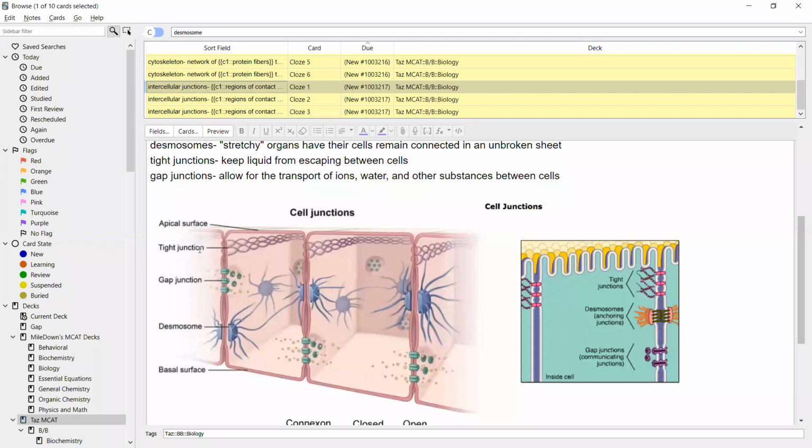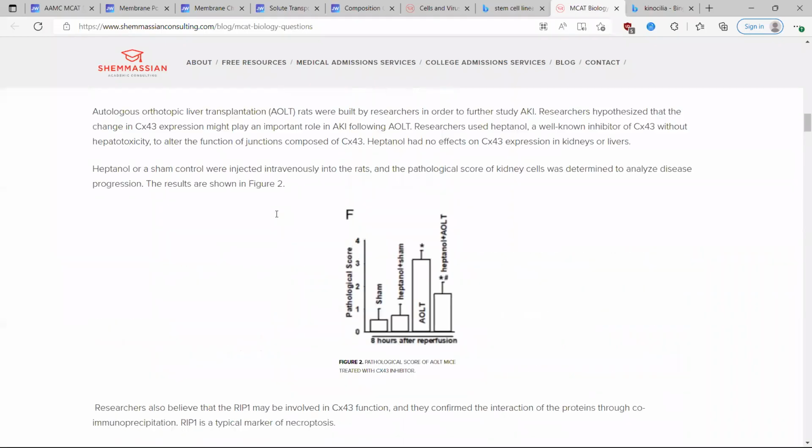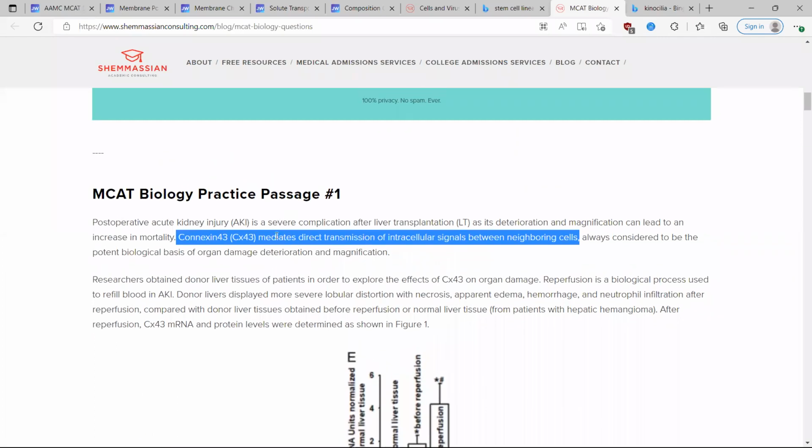The tight junctions are there to make a tight seal. The desmosomes are there to anchor everything together. And the gap junctions are there to allow molecules to pass through, right? So which of these sounds the most like CX43?